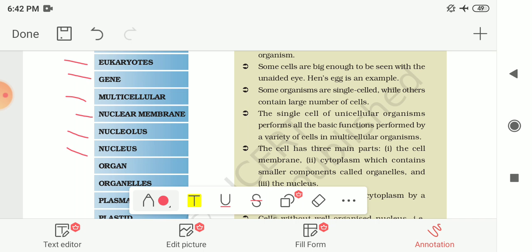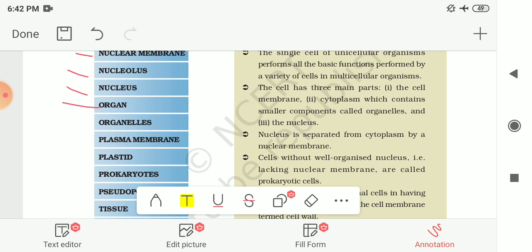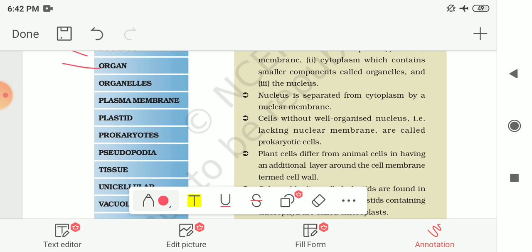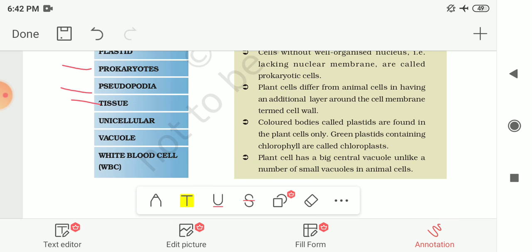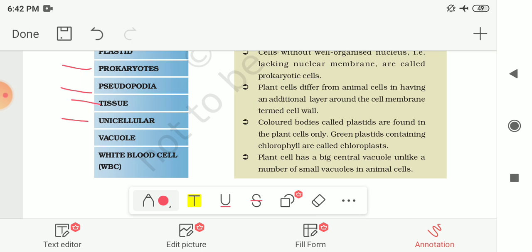Then the next one is organ. Next one is organelles, plasma membrane, plastid, prokaryotes, pseudopodia, tissue. Next is unicellular, vacuole and white blood cell.